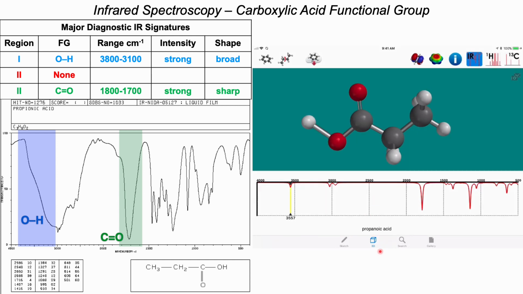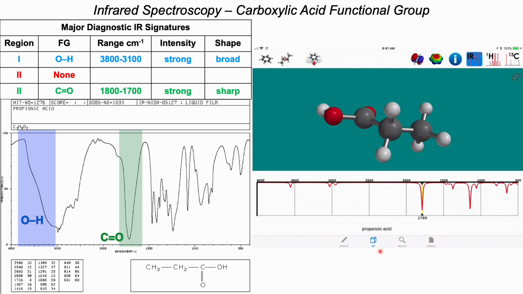There's the OH stretch. Your alkane stretching, and then now your carbonyl stretch. So in the simulation, this one's at 1789.